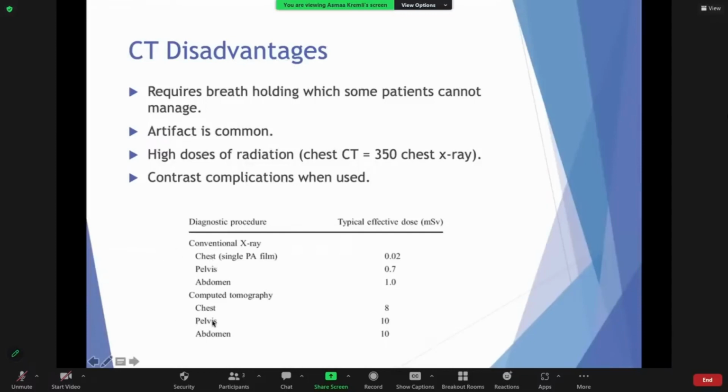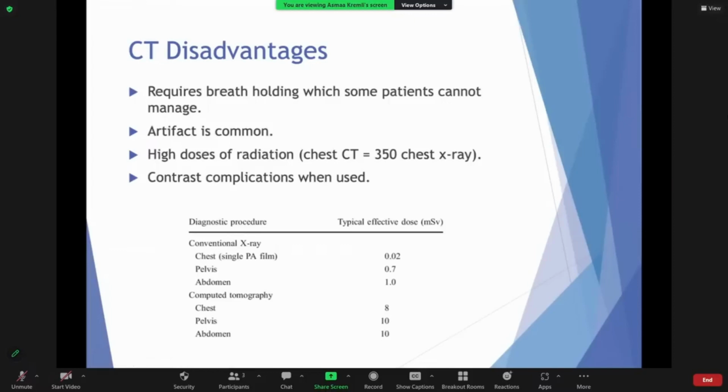And here we can see that the CT for pelvis or abdomen equals 10 millisieverts. So there is a huge difference between X-rays and CT scans in terms of radiation dose.